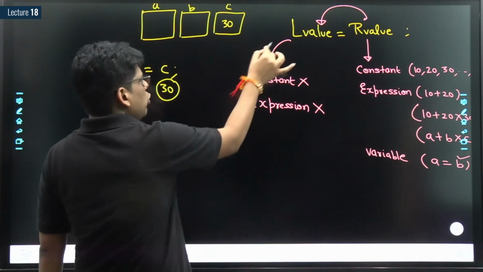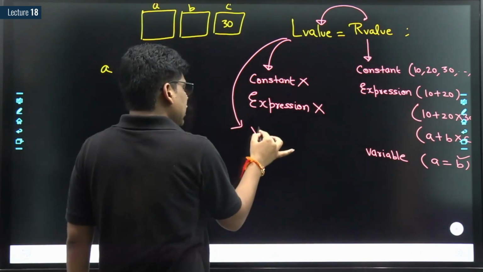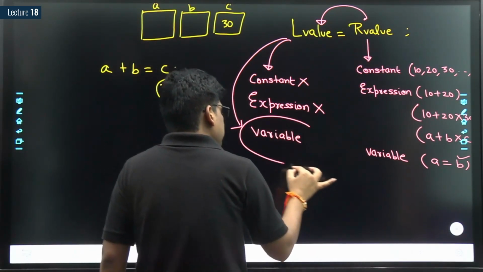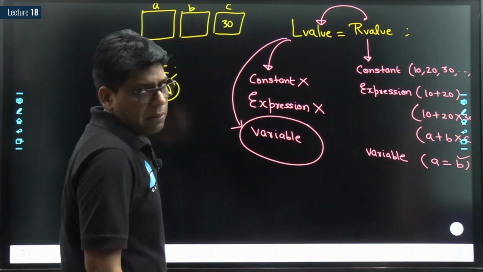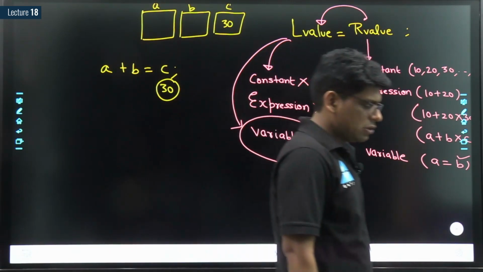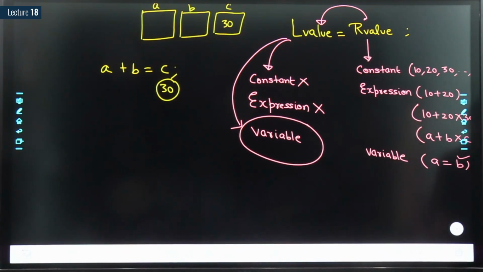Sir, then what could be the L value? Sir, the L value must be a variable. Always remember, the L value must be a variable. Try to understand this concept. Please note it down somewhere so that things will be okay.